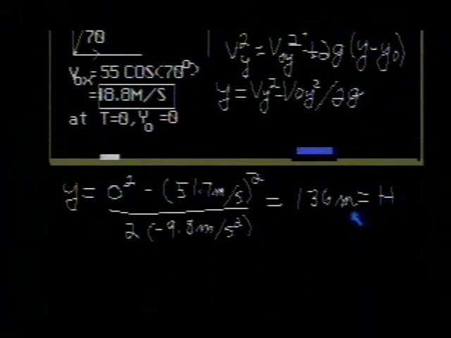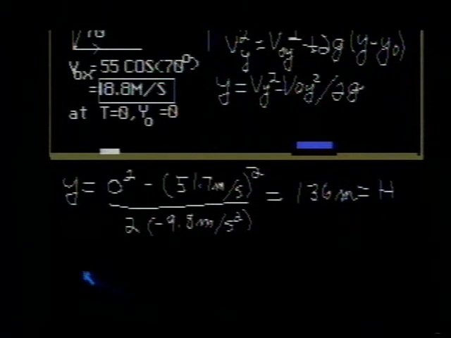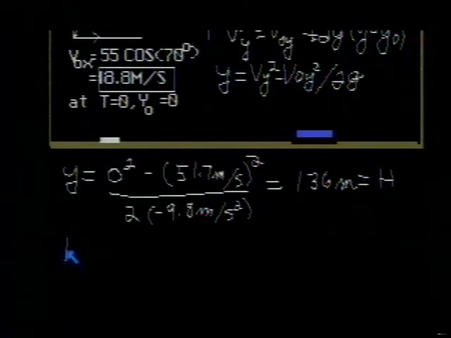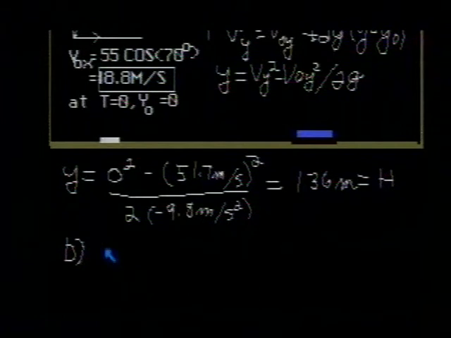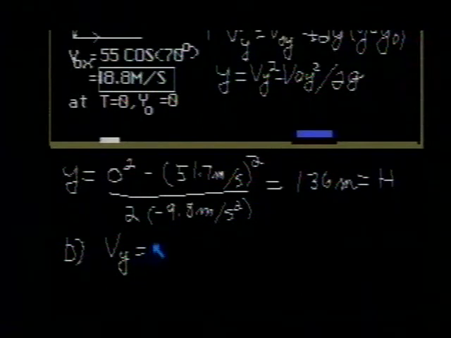In part B, we're asked for the time at which it reaches this maximum h. Again, if you examine our equations, you look at the equation v sub y is equal to v0y plus g times t.